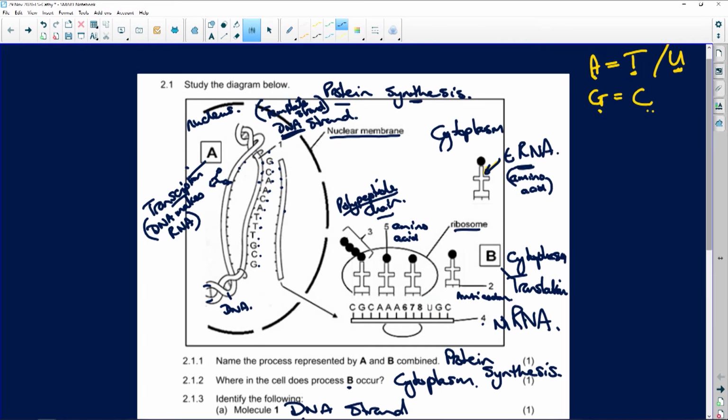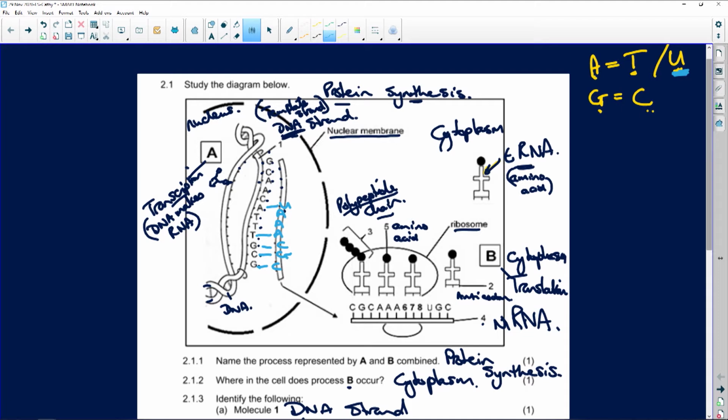So we go back to the original DNA strand. And when we're looking at the DNA strand, so this is 1, so G to C, C to G, G to C. T will go to A. A will not go to T, it goes to U because we are talking about RNA.